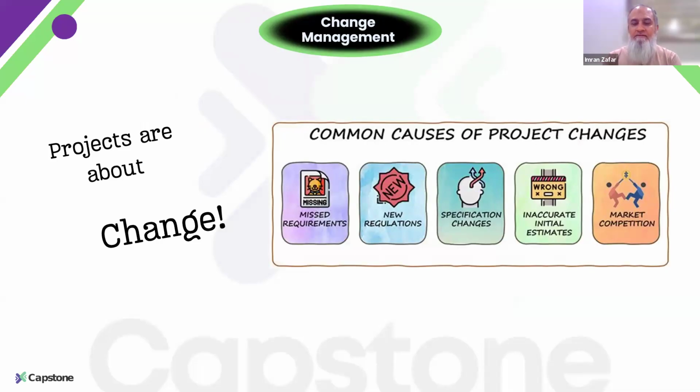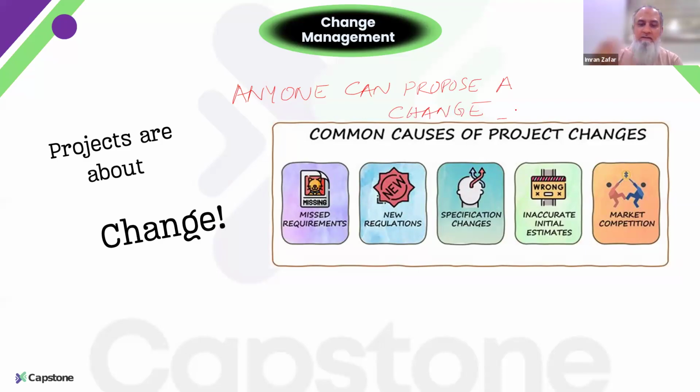Change management is also an important topic. We talked about this multiple times. Changes can happen, or changes can occur from anywhere. Anyone can propose a change. It can be your sponsor, it can be any of your stakeholders, it can come from any of your team members.